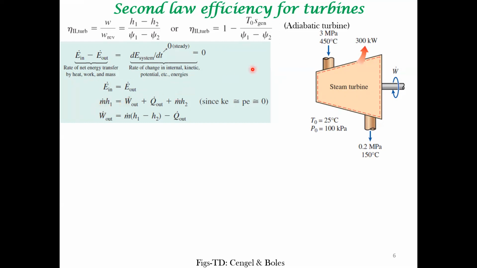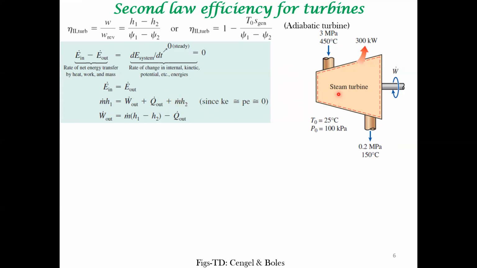Power input is via this flowing stream, that is the mass flow rate times enthalpy associated with the input. You have power output, this is the work that is obtained from this system. There is heat transfer at a particular rate that corresponds to this, and this is the enthalpy that is taken out of the system per unit time via this mass flow rate.